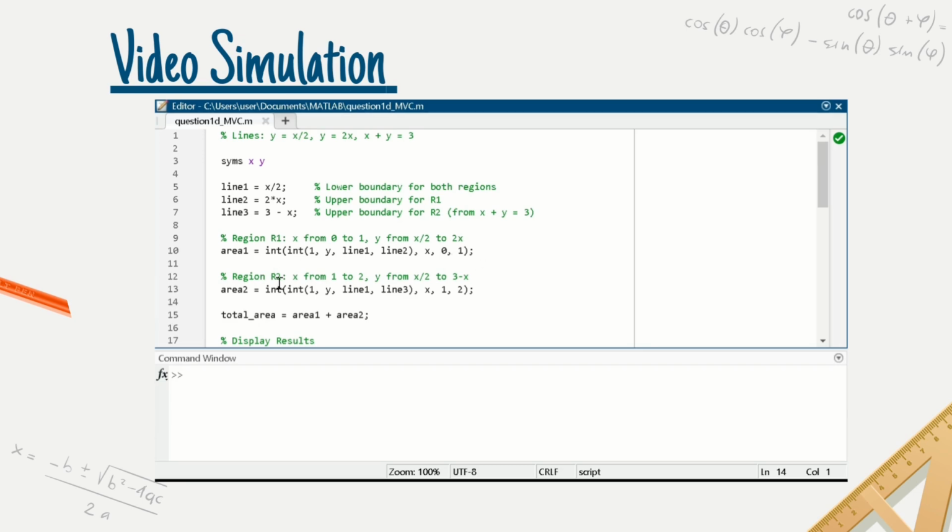For region R2, we compute the integrals with x from 1 to 2 and y from x over 2 to 3 minus x. In MATLAB, we handle the inner integration with respect to y first, then the outer with respect to x, like our manual calculation. Then we sum them to reach the final result of 1.5 units squared.